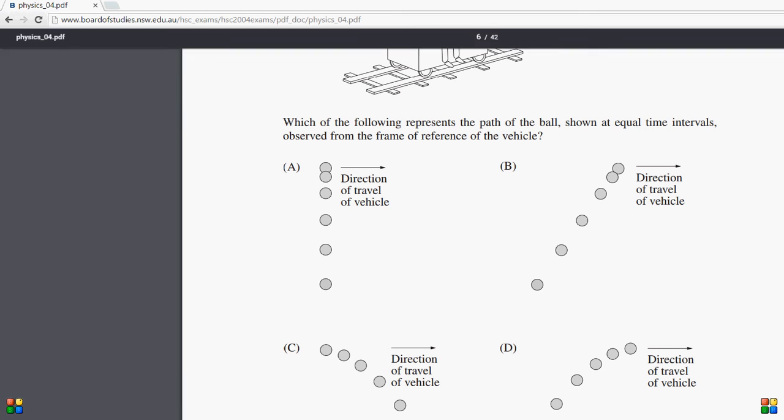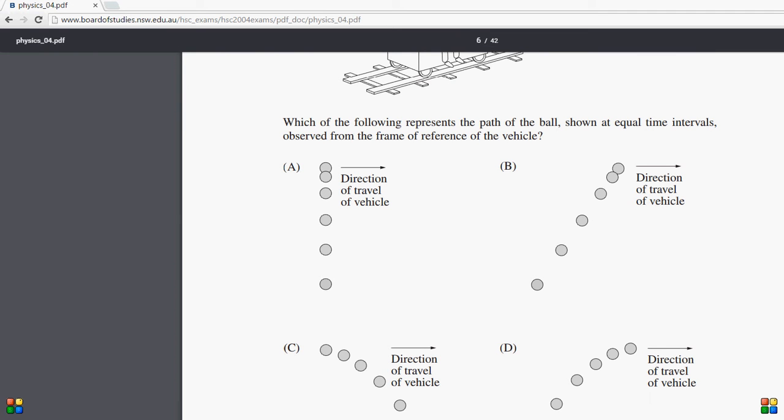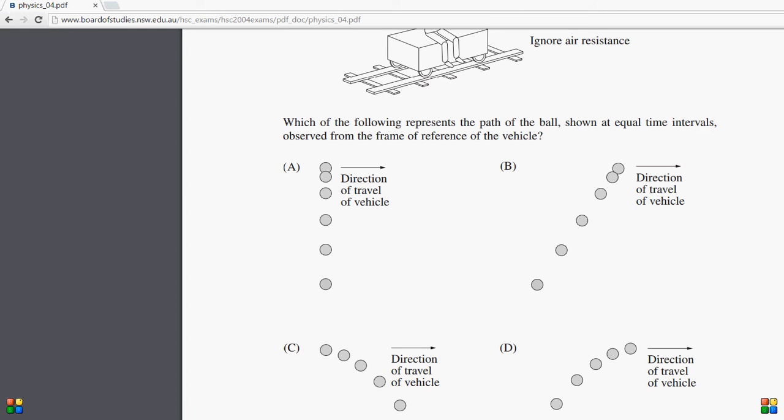While B shows me a straight line, which is getting further and further apart, is what we would expect. And now ignoring air resistance. So the answer would be B, most probably be B. That's what I think.